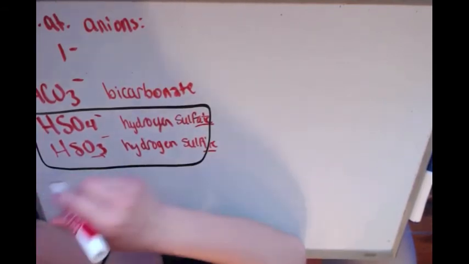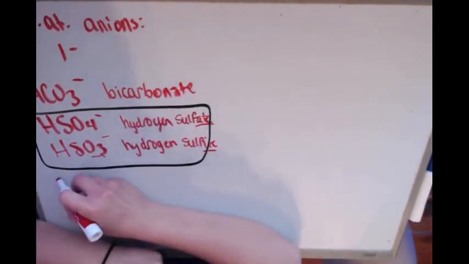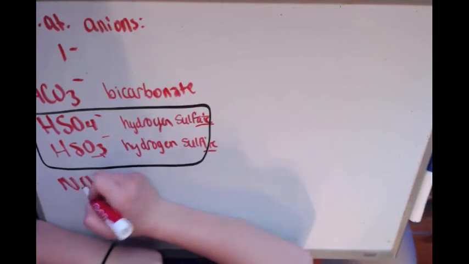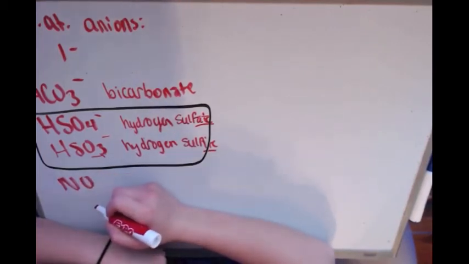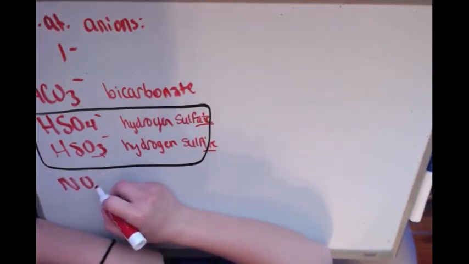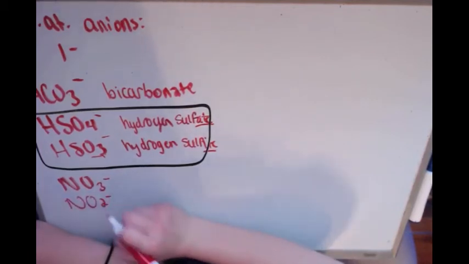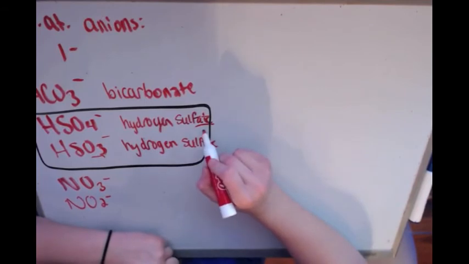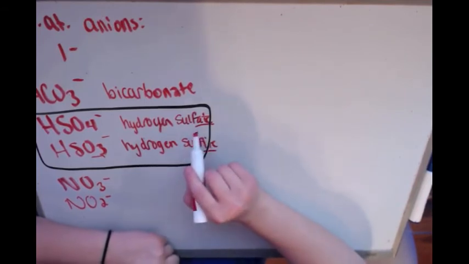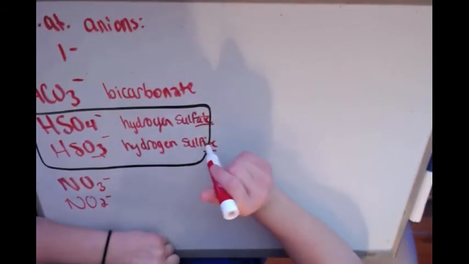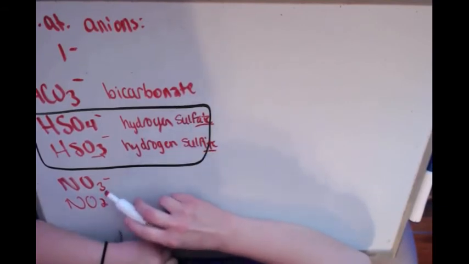Alright, more that you do have to know, and another one you have to know is the nitrogen containing oxyanions, NO3-, NO2-. So with me telling you that this was hydrogen sulfate and this was hydrogen sulfite, maybe you can predict what this will be.